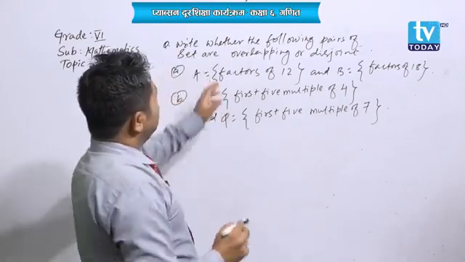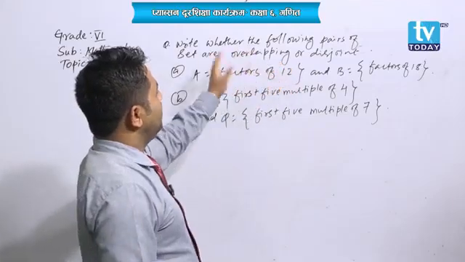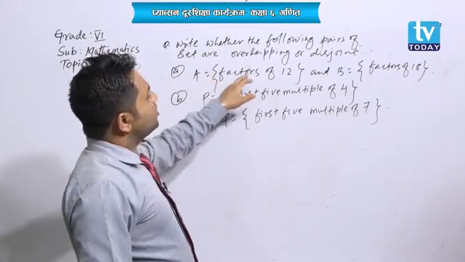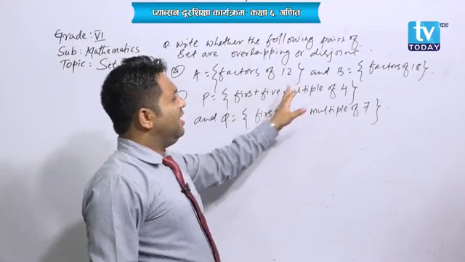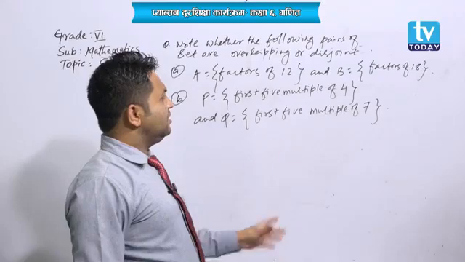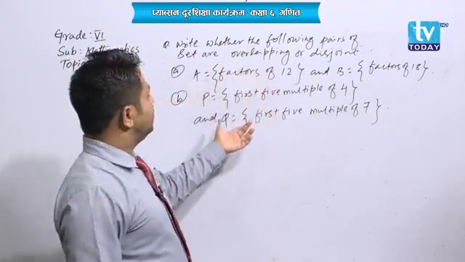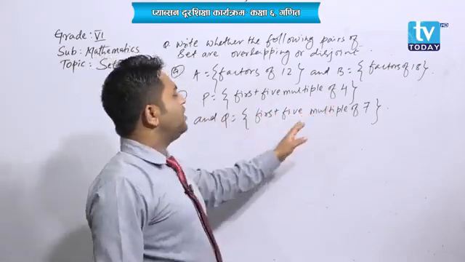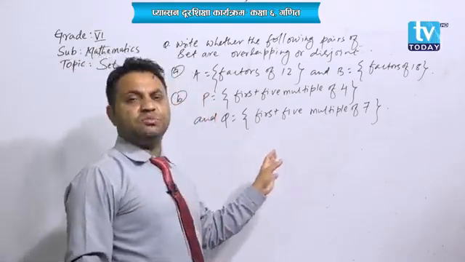Now write whether the following pairs of sets are overlapping or disjoint. There may be overlapping or there may be disjoint also. A, factors of 12, that means 3 6 9 12, and factors of 18, that means 3 6 9 12 15 18. So whether these sets are disjoint or overlapping, please check. Now P is the first 5 multiples of 4 and Q is the first 5 multiples of 7. These two questions I am leaving for you as a home assignment.